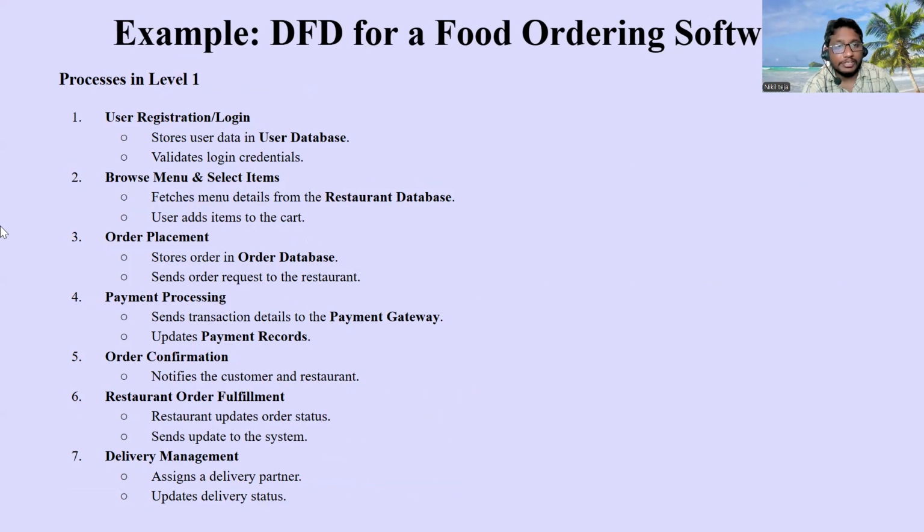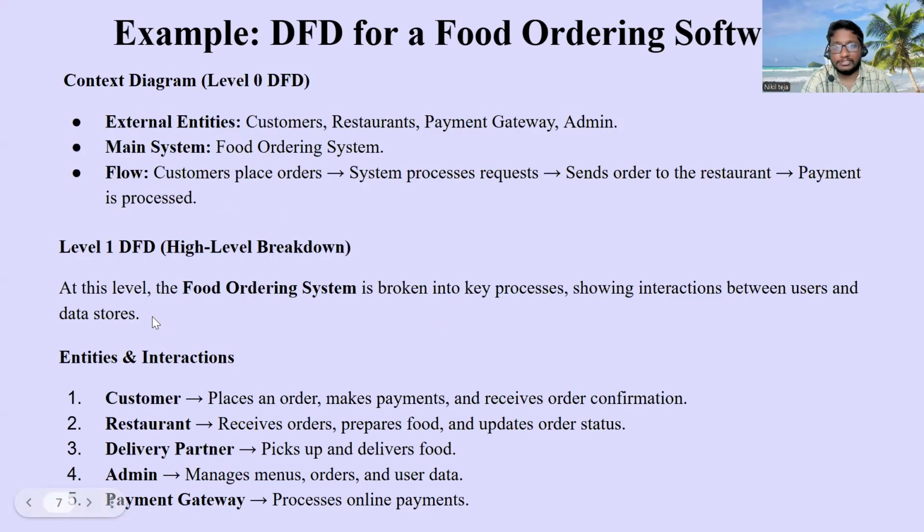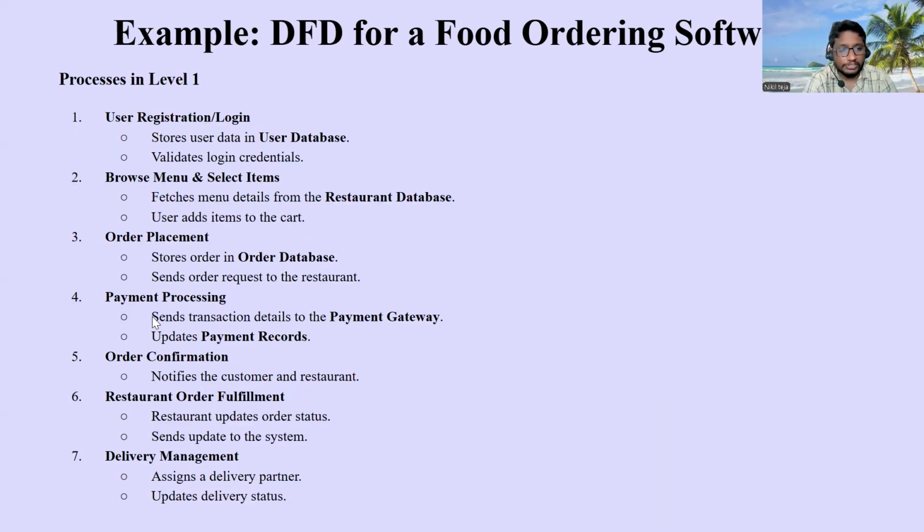First is user registration, then he browses the menu, then he does order placement, then payment processing, then the order gets confirmed. That is nothing but sends order to the restaurant, and the order is processed. Next, order confirmed, restaurant order fulfillment, and delivery management, where the delivery guy will be delivering your order.